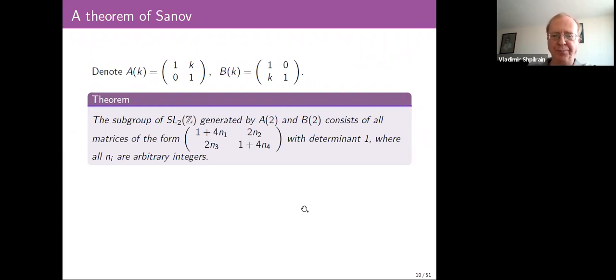So you see that deciding whether a matrix is of this form amounts to checking divisibility by 2 or 4 of an integer. We're talking about matrices over integers. And divisibility by 2 or 4 of an integer given in a decimal or a binary form can be done in constant time.